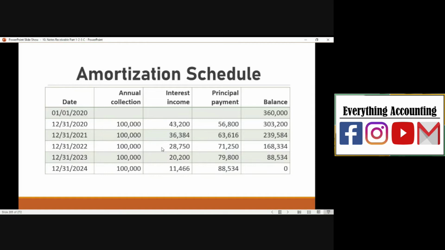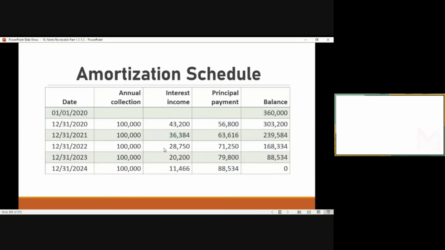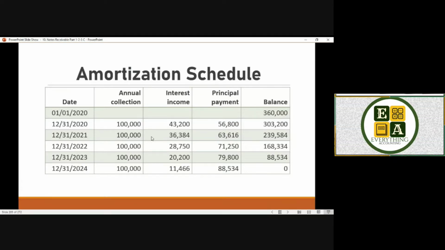So this will be our amortization schedule. The annual collection is equivalent to the annual installment payments of 100,000. Interest income is on the basis of the unpaid balance. Principal payment is the difference of the annual collection and interest income.